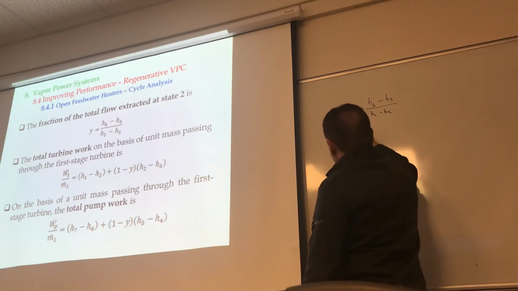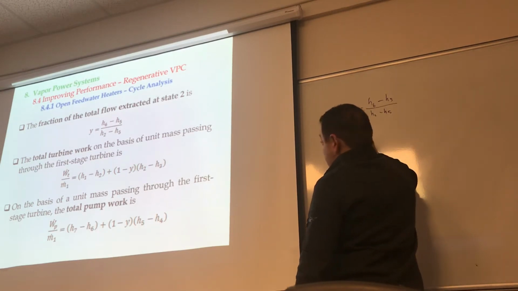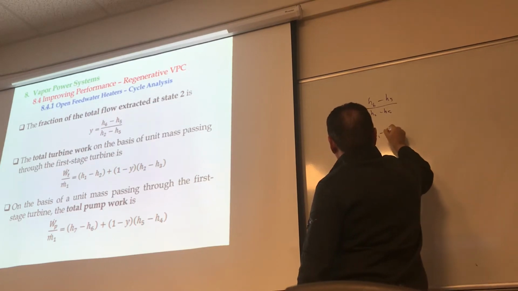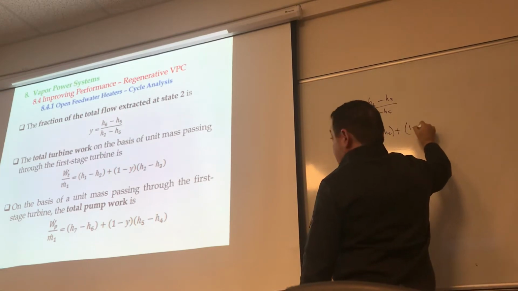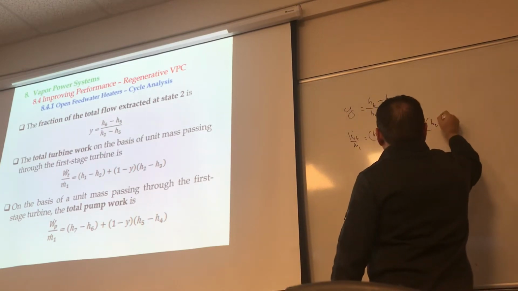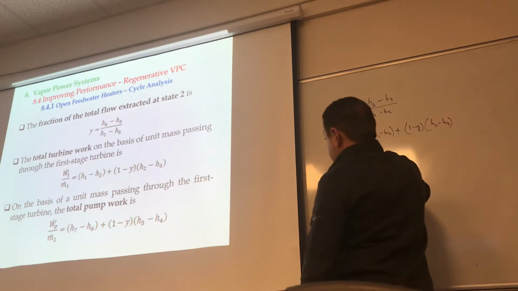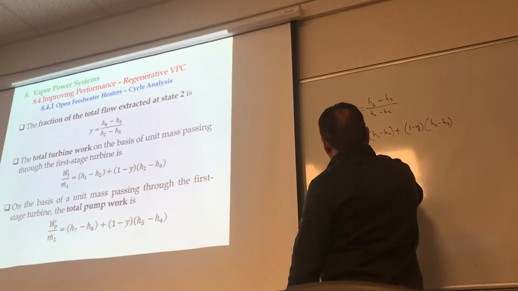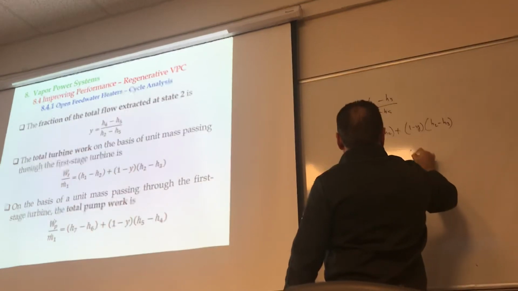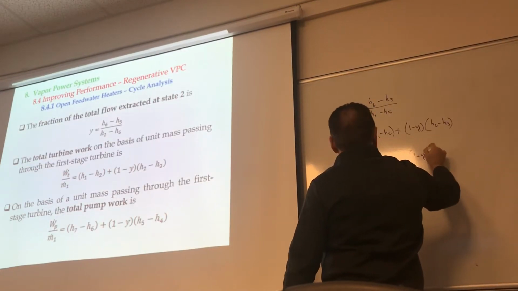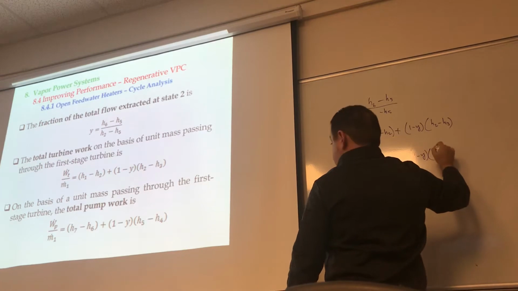And then you have another equation that says wt over m dot 1 is equal to h1 minus h2 plus 1 minus y times h2 minus h3, and then another equation is wp divided by m dot 1 is equal to h7 minus h6 plus 1 minus y times h5 minus h4.